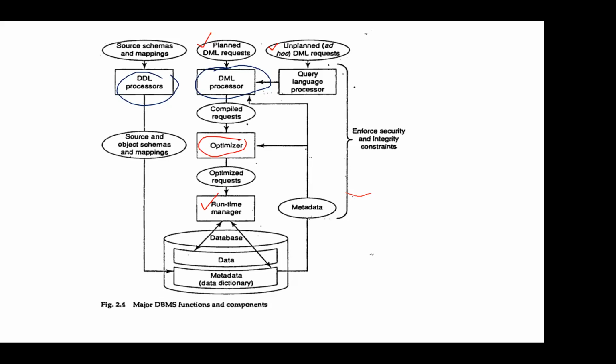So it improves the performance under the control of the runtime manager. The optimized requests are then executed under the control of the runtime manager. So this runtime manager probably invokes data from the database storage or storage manager to access stored data.